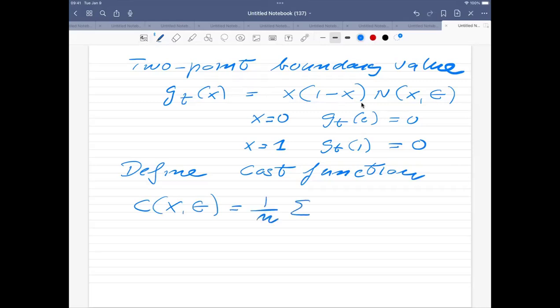And the sum runs from i equals 0 up to n minus 1. And now we have this function which we want to drive to 0. So we have an x_i, we have a g of x_i, and this is going to be a function of these parameters, of this trial function.